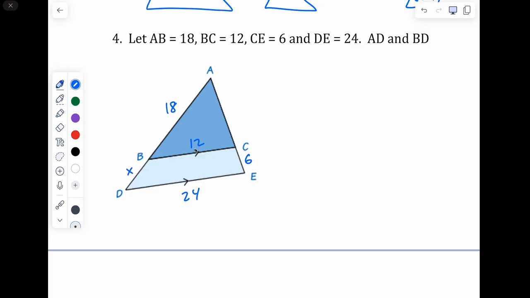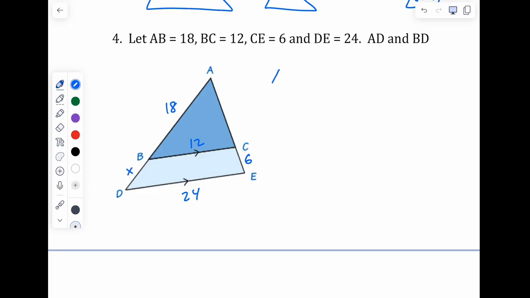Some people say, oh, it's times 2. The scale factor of these triangles is times 2. It is times 2. 12 times 2 is 24. But I don't do 18 times 2. You might say, well, you just said it was times 2. From triangle to triangle, this X is not part of the triangle. This is not part of any triangle. So it is not times 2 here. X does not end up being 36.